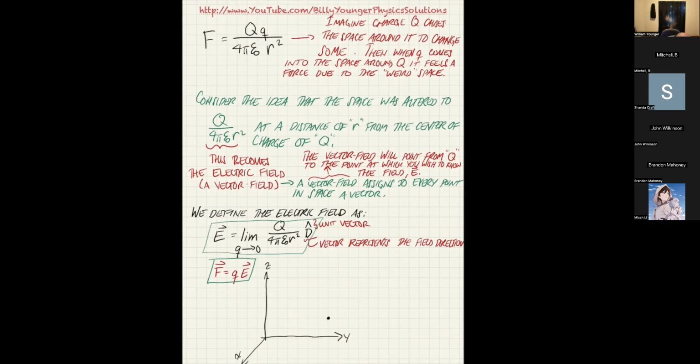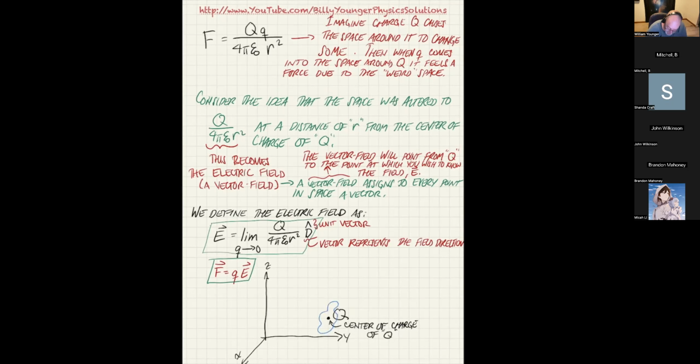Let's imagine over here is the charge Q, or specifically the center of charge of Q. Okay, so Q could be a point particle, or Q could be some blob of particles, but that dot represents the center of charge for it.